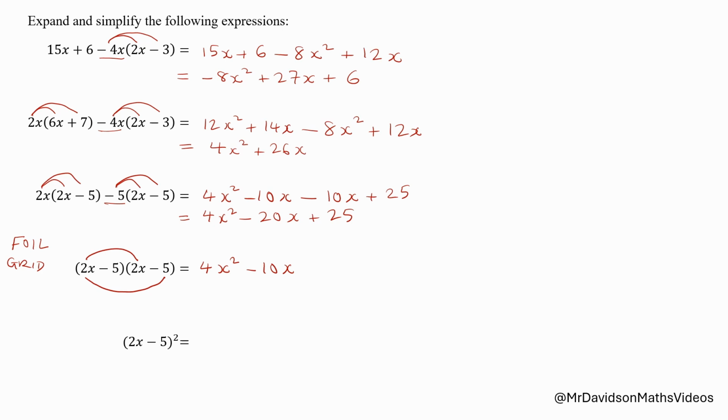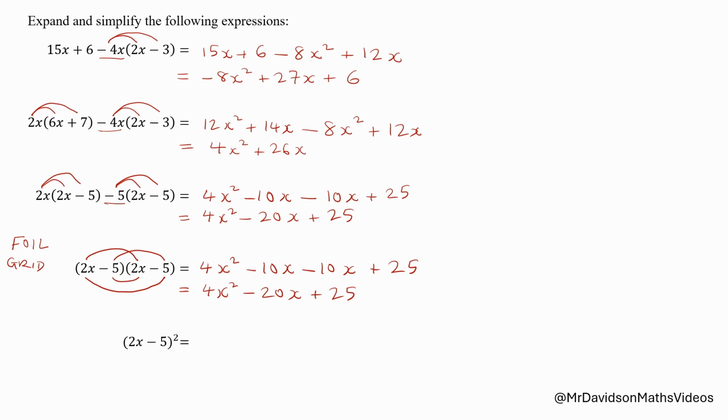The inside ones, minus 5 times 2x gives me minus 10x. And then the last ones, minus 5 times minus 5 gives us plus 25. This can be simplified to give us 4x squared minus 20x plus 25.